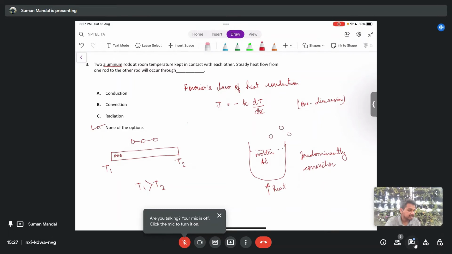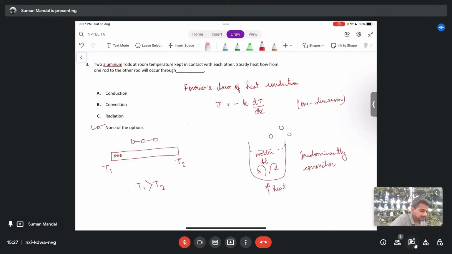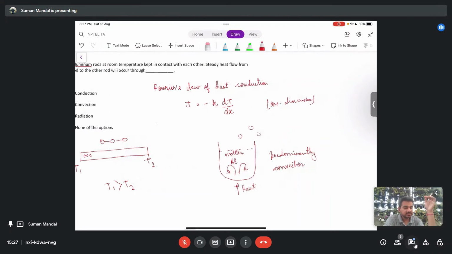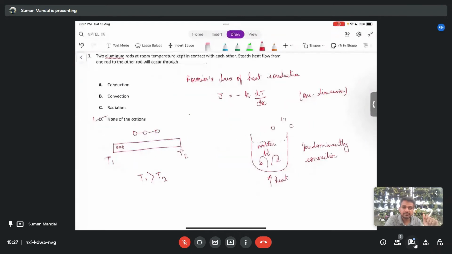The aluminum atoms are loose, and they can circulate and transfer heat. At very high temperature, there will also be radiation, because each body radiates energy. That is why we have IR guns to measure how much fever we have, because even we are releasing heat. So even radiation is taking place, but it's predominantly convection for molten metals like molten aluminum, and it is conduction when it's a solid block. So this is for solids, and this is for fluids.